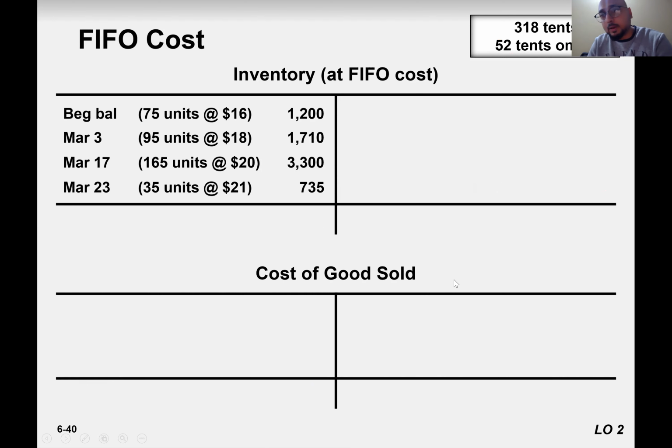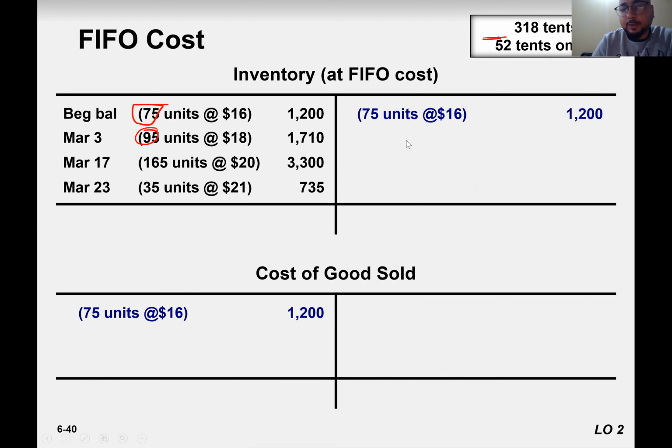Okay, now FIFO. First in, first out. We sold 318. First in, 75 units. We sold 318, so we need to fill up to 318. So the first 75 units are sold, and then 95 units, and then 148 among this 165.